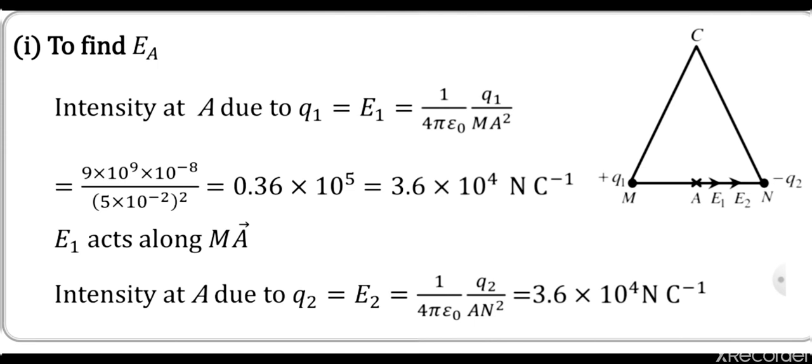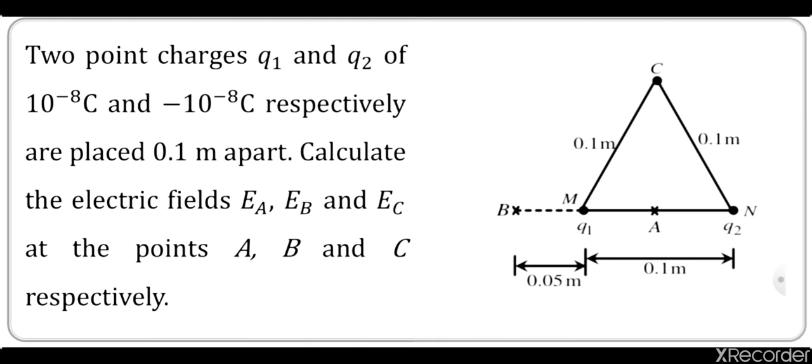Now first find E1 by using the formula 1 by 4 pi epsilon naught Q1 by MA square. MA is the distance from M to A. A is at the middle, right? You can see the total distance is 0.1 meter, then half of it becomes 0.05.